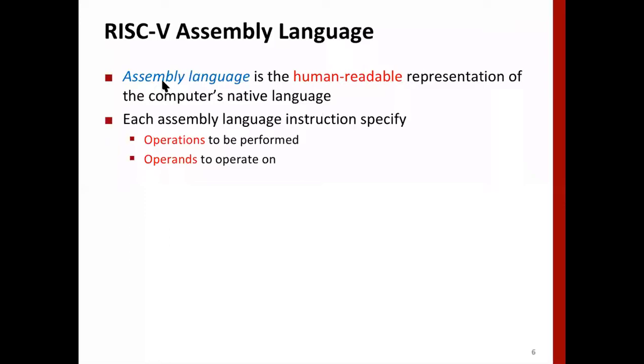For example, we have add A B C. Add is something that we know means adding two registers and moving the result to register A. When we have machine instructions, add will be replaced by a certain number of bits, and when we look at bits, we can't understand what's happening. The machine of course can understand it, but can't understand assembly language. That's the reason we convert assembly language instructions to machine language instructions, and this is done by the assembler.